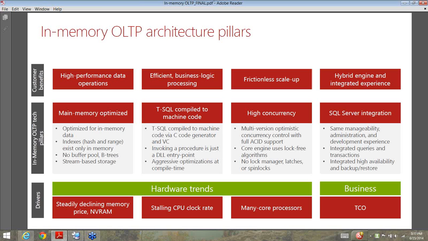Last but not the least, this is the most important area. When customers want to move to SQL 2014, that does not mean that they will have to migrate their entire application. It offers seamless integration with your existing SQL Server architecture.